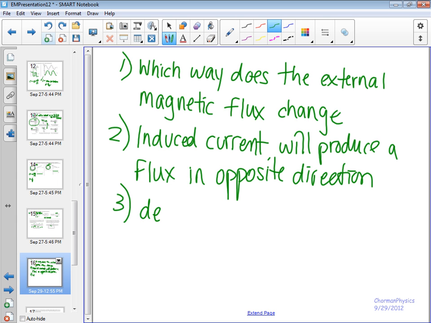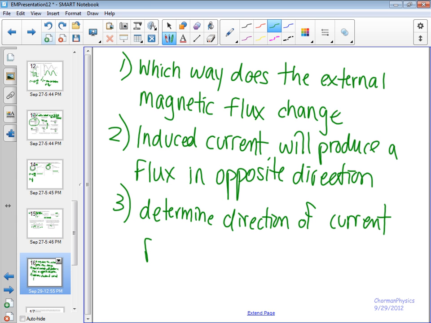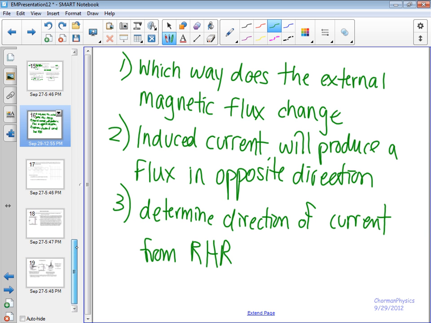Then determine the direction of this current from your right-hand rules for coils of wire, solenoids, all that business. Those are the 3 steps that I'm using.